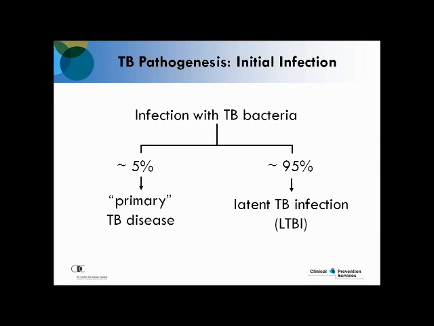TB pathogenesis, initial infection. Not everyone who breathes in the TB bacilli will develop TB disease. In fact, only 5% of people who breathe in the TB bacilli will develop the disease. This is called primary TB. The other 95% will develop something called a latent infection.